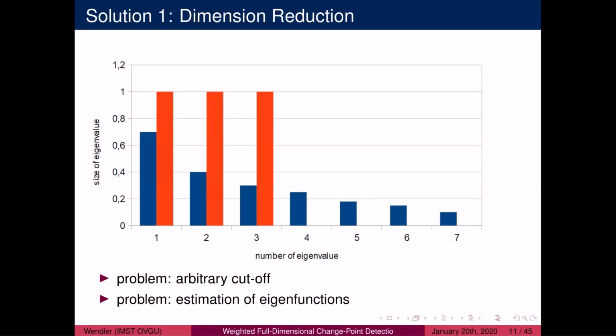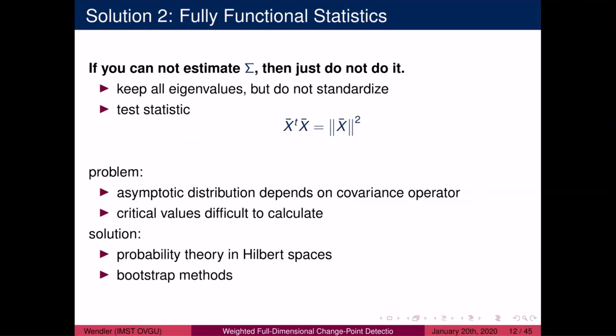So this is why I'm not the greatest fan of this principal component analysis. And then people told me, you have to do dimensional reduction. Two professors independently told me, you have to do dimensional reduction. There's no way around it.